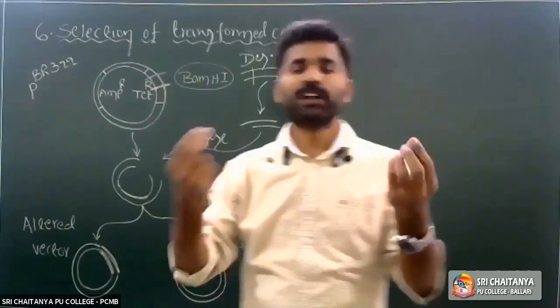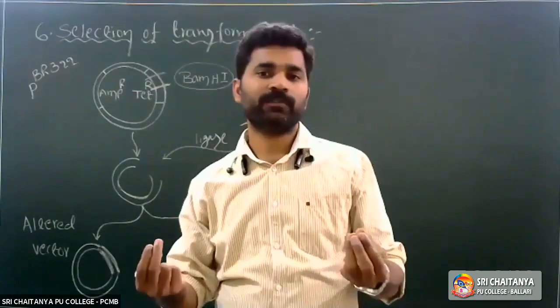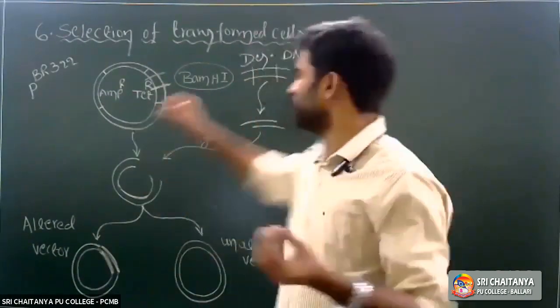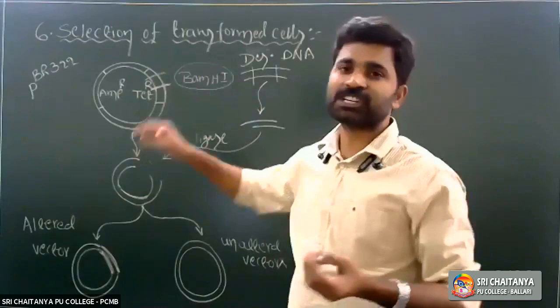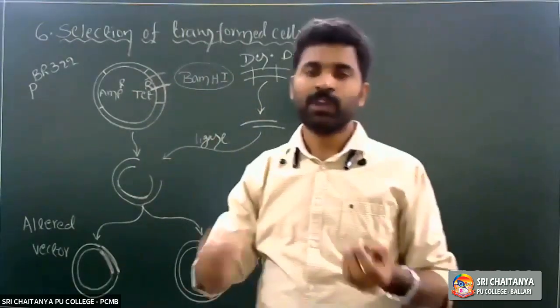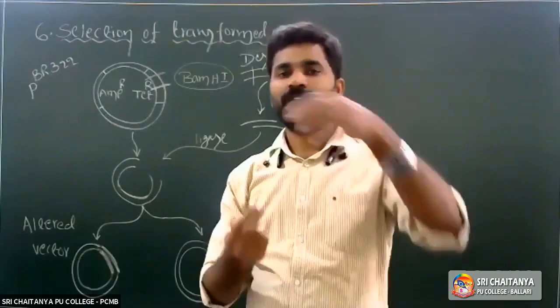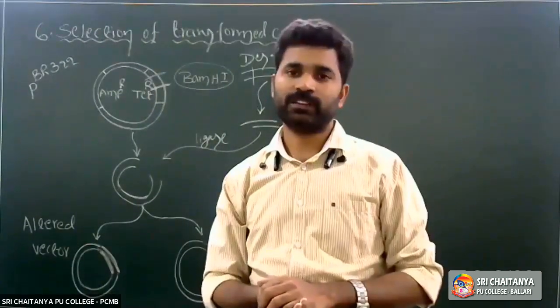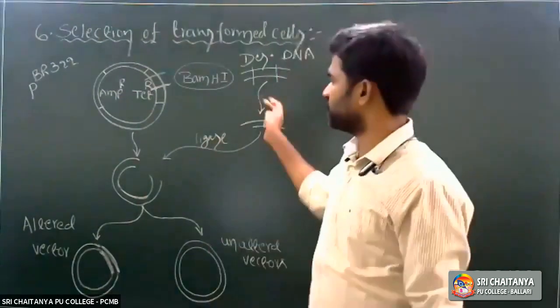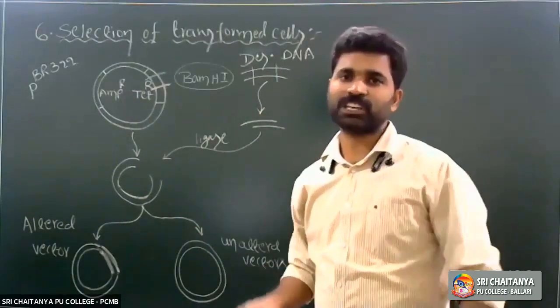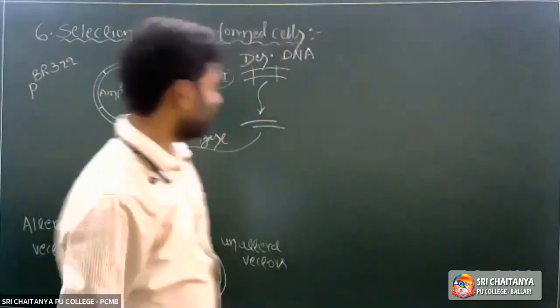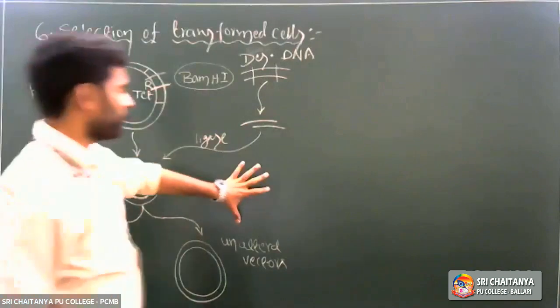So what type of enzyme do we need to add to the test tubes? BamHI restriction endonuclease enzyme we need to add to the plasmids and foreign DNA segments. It results in the formation of sticky ends as usual. But here, two types of vectors are formed. Why?